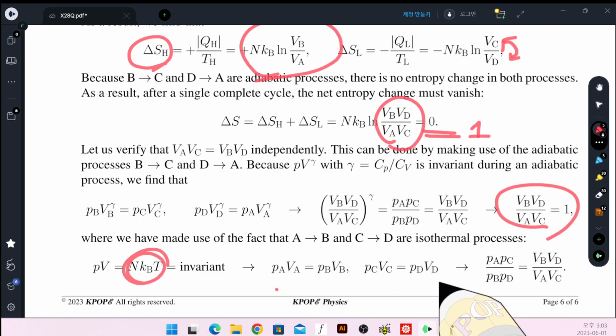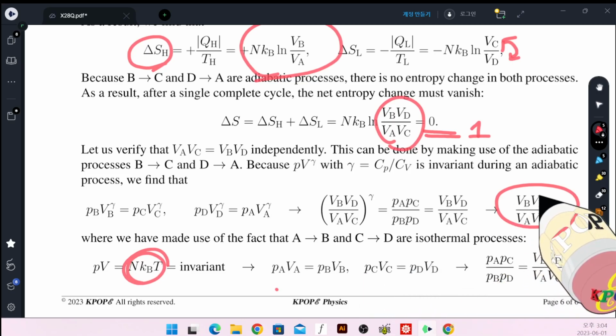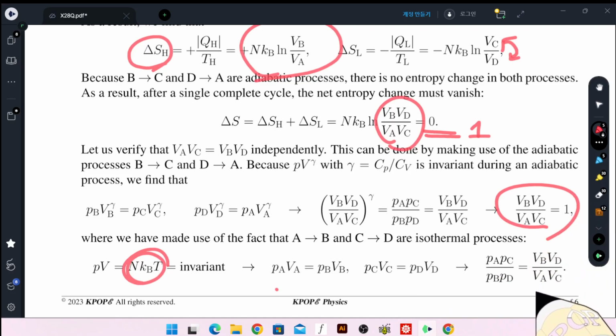And here, C to D is at low temperature fixed at TL. And again, by Boyle's law, the product of pressure and volume is always constant during a constant temperature process. As a result, this relation is again expressed in terms of the pressures.